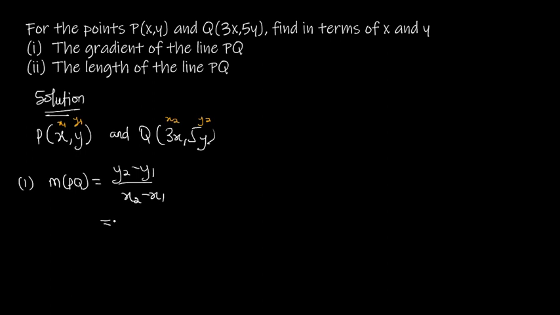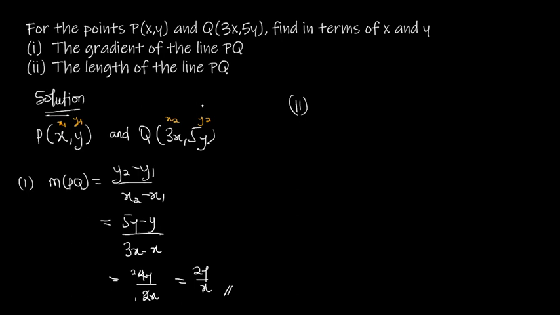So this is equal to my y2 is 5y minus my y1 is y, my x2 is 3x minus my x1 is just x. So I have over here 5y minus y will give me 4y on 3x minus x will give me 2x. So this is equal to 2 will go here, 1 go here, 2. So our final answer is 2y on x as the gradient of the points P and Q.